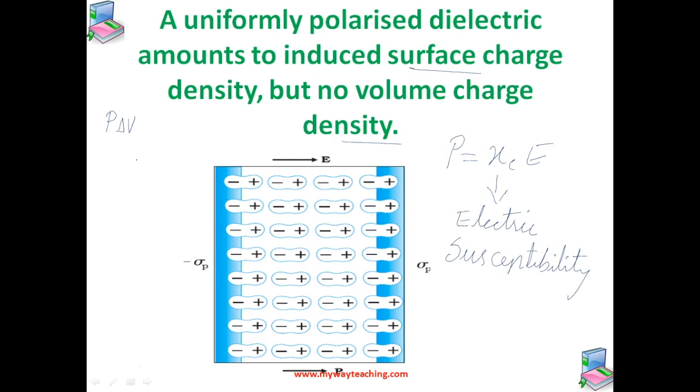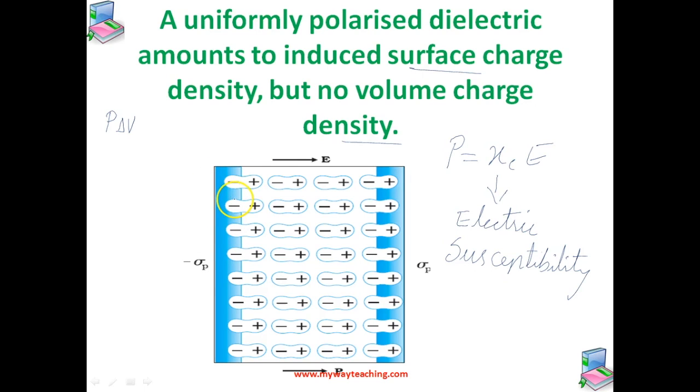However, at the surfaces of the dielectric normal to the electric field, there is evidently a net charge density at the surfaces. The positive ends of the dipoles remain unneutralized at the right surface, and the negative ends at the left surface.